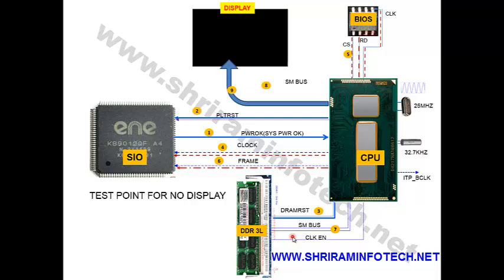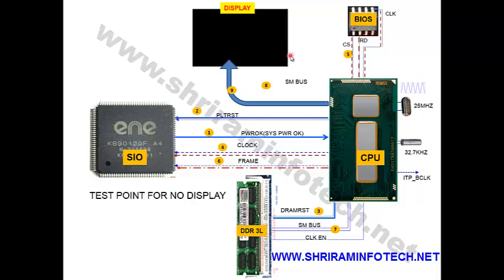So next, after the SMBus has completed its task, the CPU checks whether the display is there. For the LCD panel, either 30 pin or 40 pin, there are pins called the assembles.